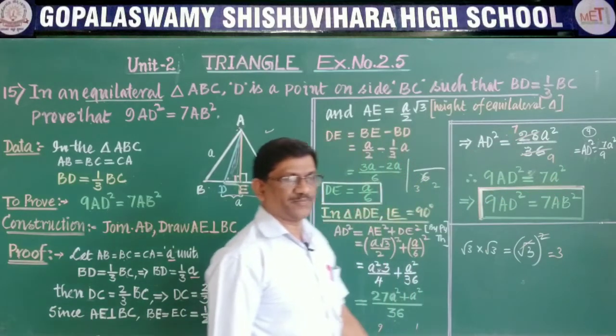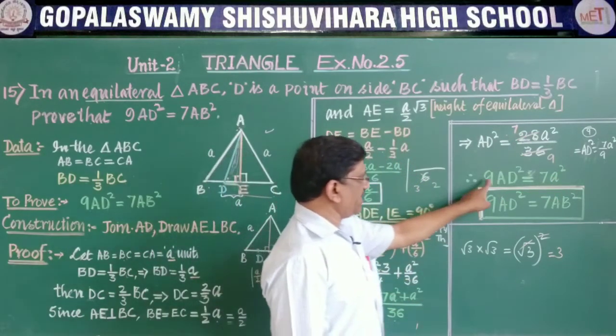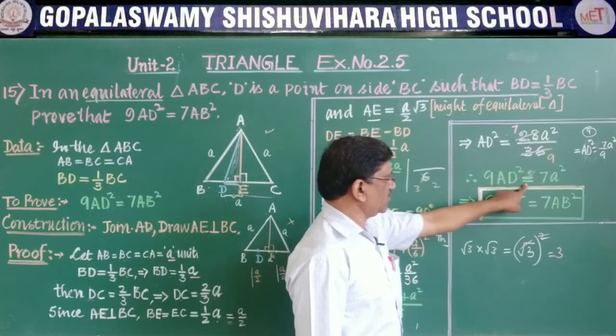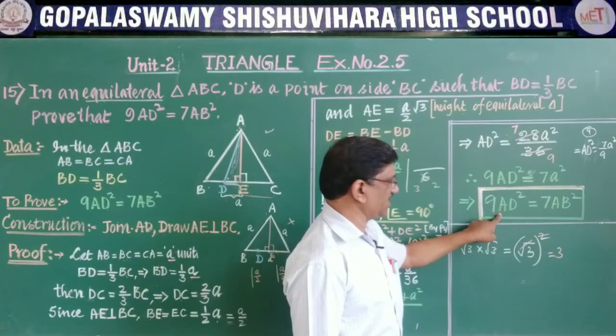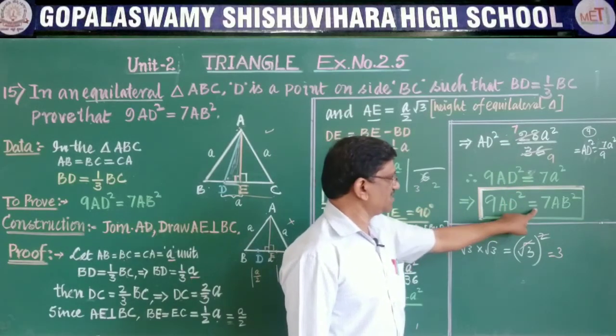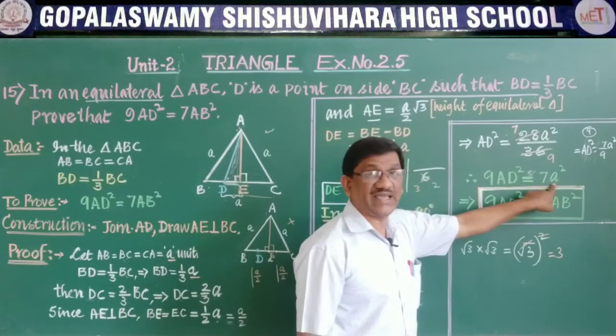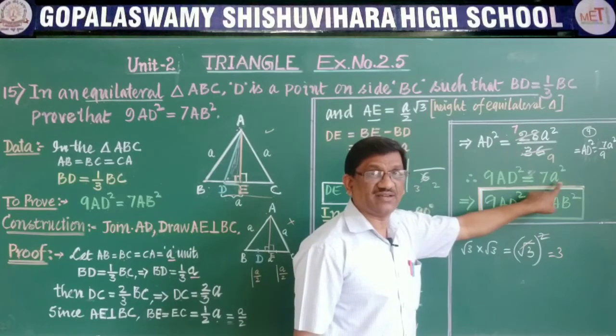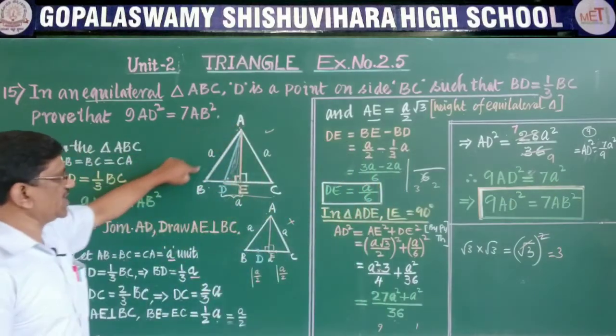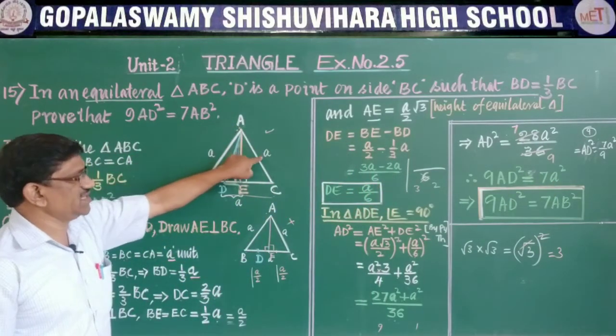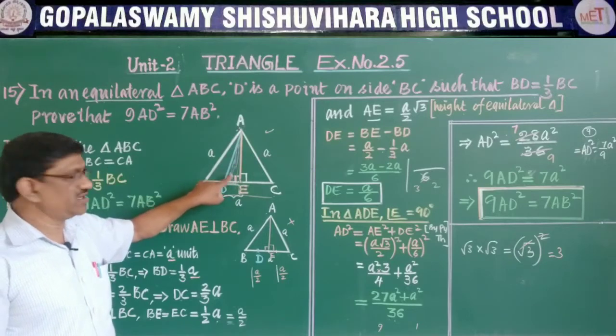Did you understand? So 9 AD square is equal to 7 A square, I have written as such in the next step also. But what is A here? In the triangle ABC, all the sides are equal, so I have taken each side as A units.